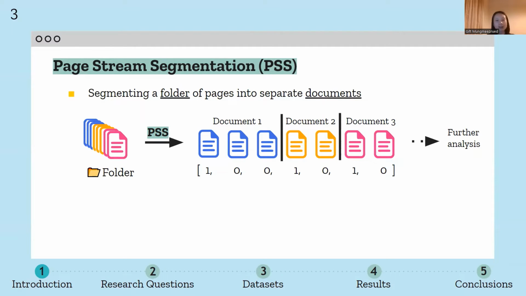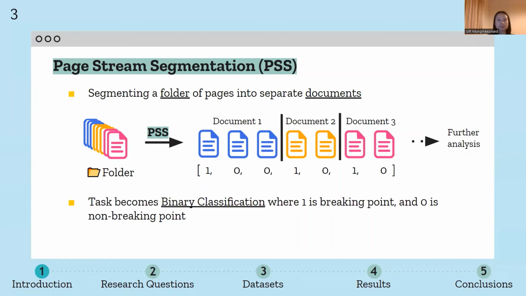The breaking point is defined to be the beginning of a document, so it indicates the boundary between one document and another, as shown here. The location of the breaking points can be written as an array consisting of zeros and ones, where 1 means the breaking point or the beginning of the document and 0 means non-breaking point or the continuation from the previous page. Therefore, the task becomes binary classification.